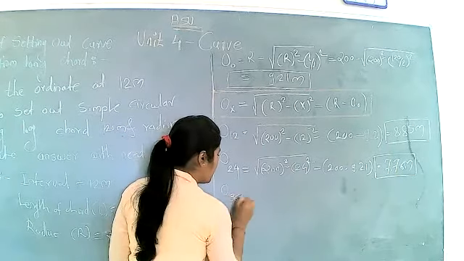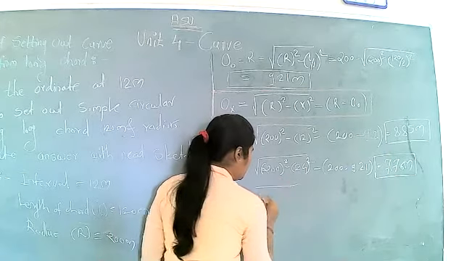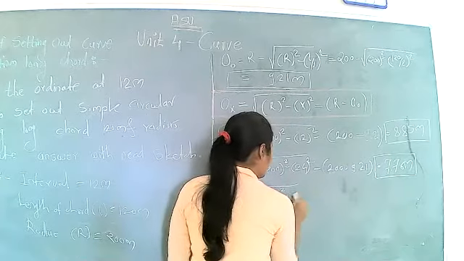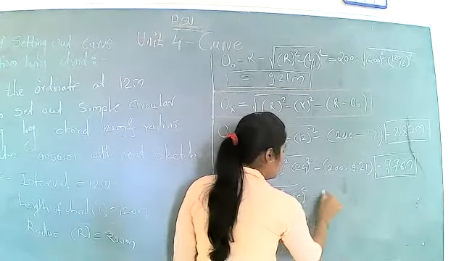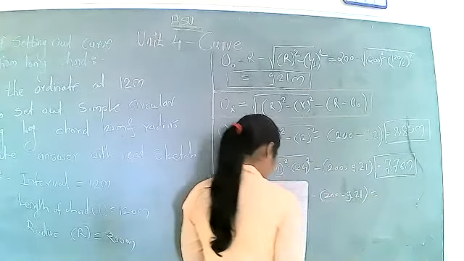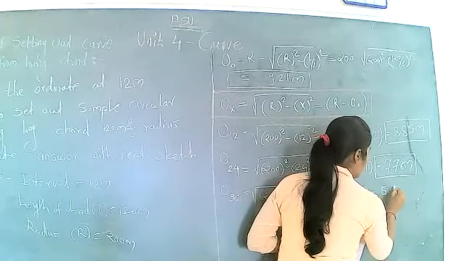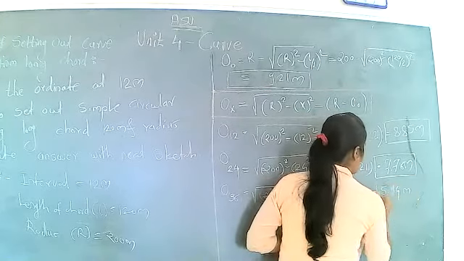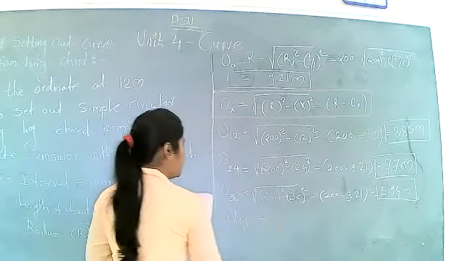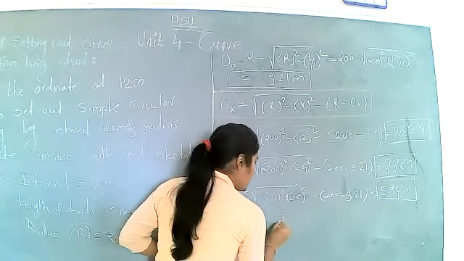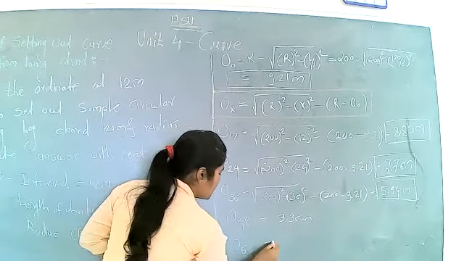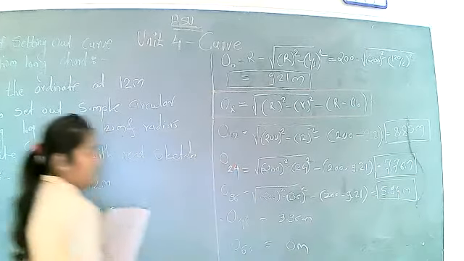For 36, the offset comes out 5.94 meter, at 48 meter it comes out 3.36 meter, and lastly the offset at 60 meter comes out 0 meter.